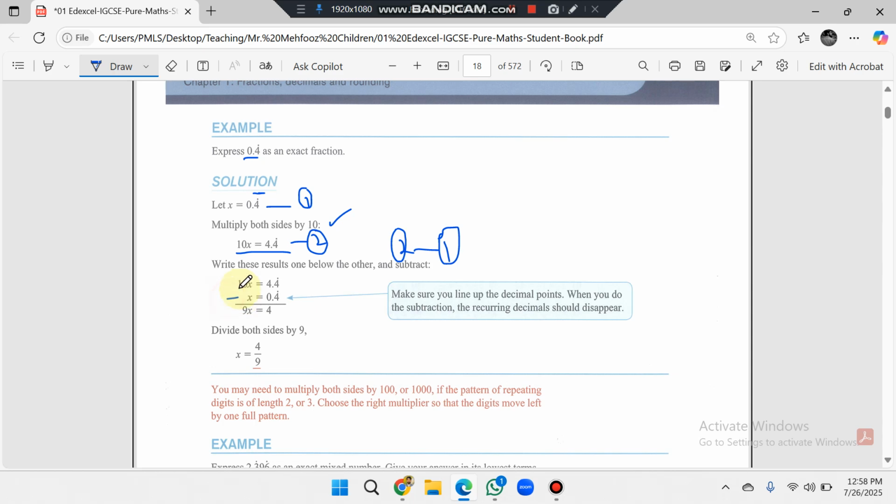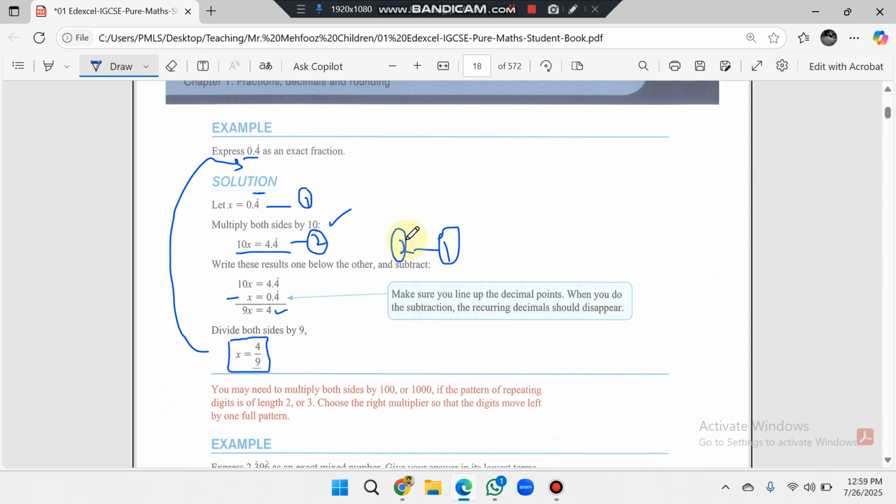When we subtract, we have 9x and here we have just 4. You can find the value of x by dividing both sides by 9, so it becomes 4 over 9. So this 4 over 9 is the fraction form of this recurring decimal, right?